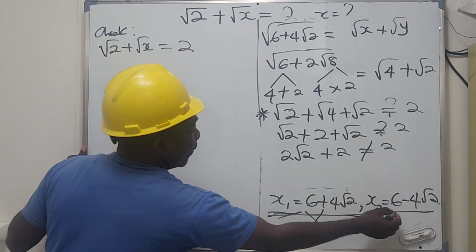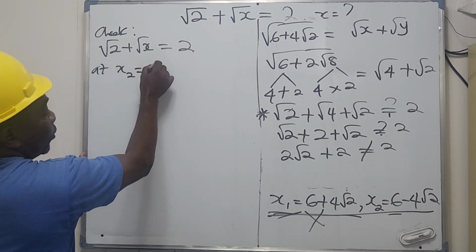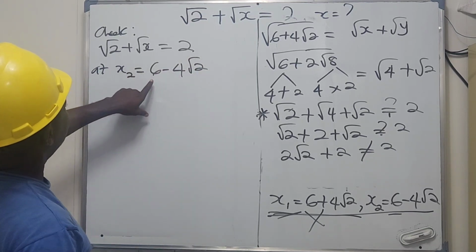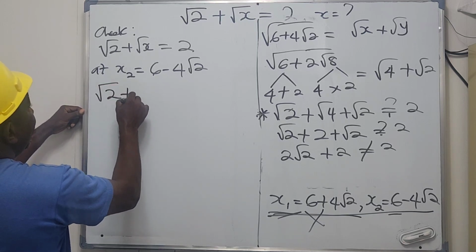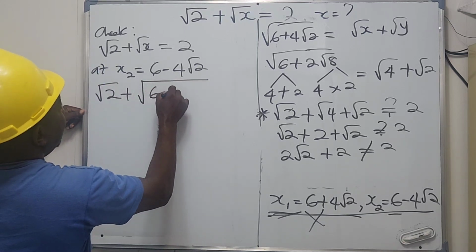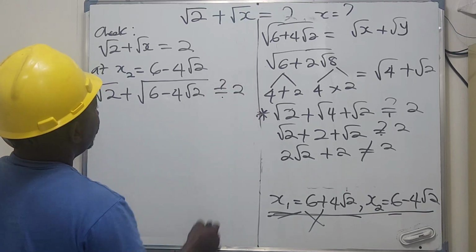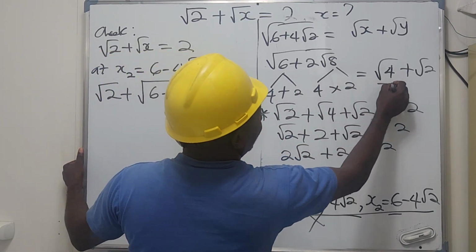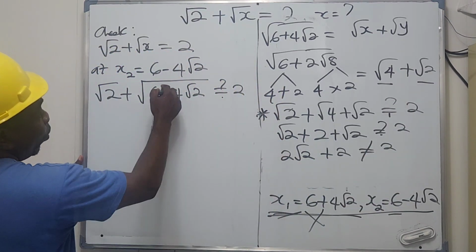When we substitute, that means x2 equals 6 minus 4 root 2. So in this case, substituting the value of x into here, we have root 2 plus root 6 minus 4 root 2. Well, this gives us 2. So the solution of this, as we said, is root 4 plus root 2.